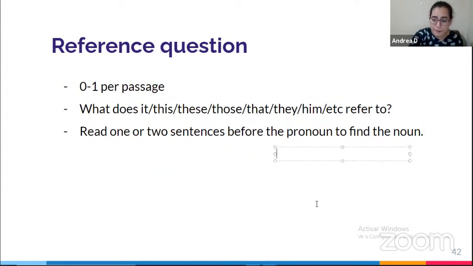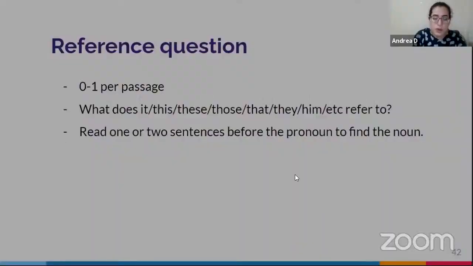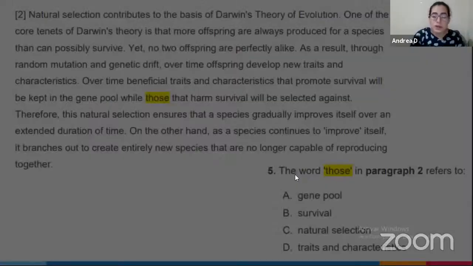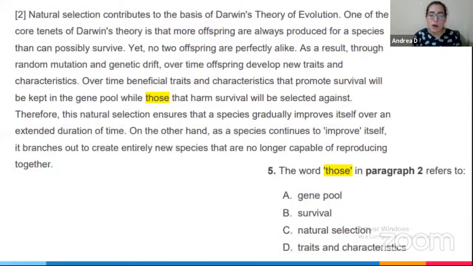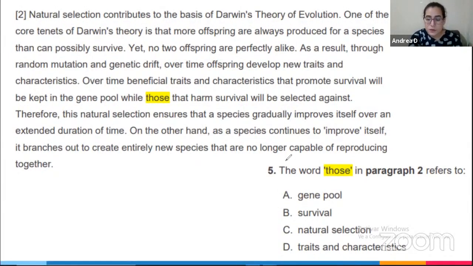So let's look at an example before we go. You don't need to read everything. Everything you need to read is the sentence where the word is, and maybe sometimes the previous sentence as well. But that's it. It's quite easy. So I'm gonna read the question.